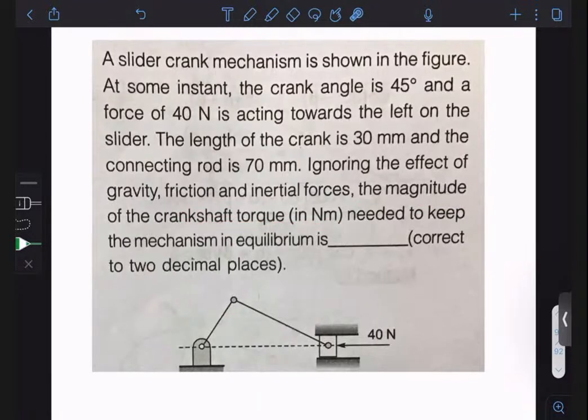Can anyone find out? I'm giving you time to find it out. Please find out and tell me the torque.